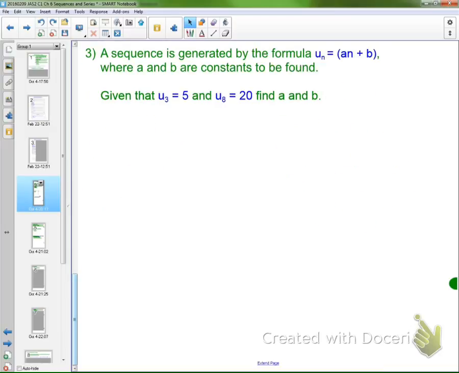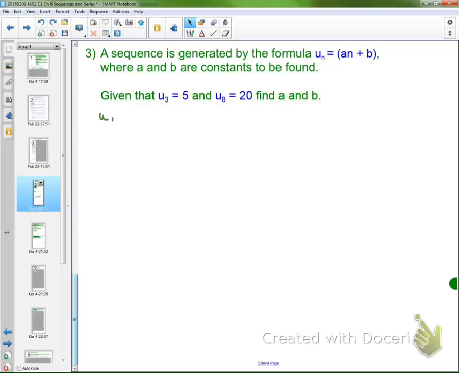In this next example, we are told the general form of the nth term of a sequence, but we have it in terms of a and b, and we don't know what those are yet. However, they do tell us what the fifth term is and what the eighth term is, so we can use that to figure out what the nth term might be.